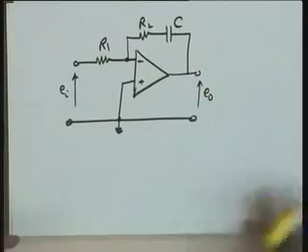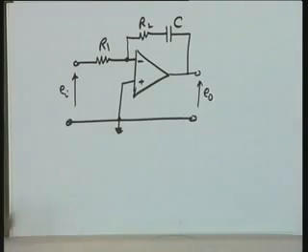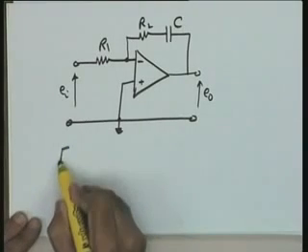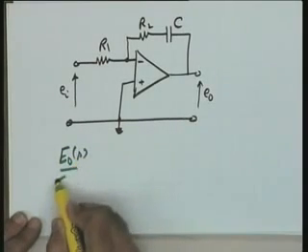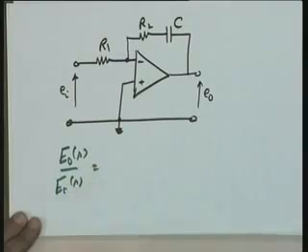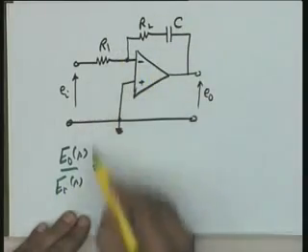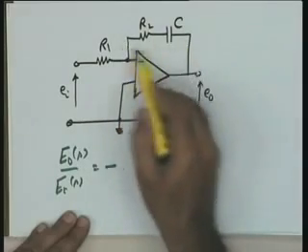Well, take up another circuit, a simple circuit again, and let us say what is the behavior of this particular circuit. I have now a resistor and capacitor in parallel, in series over here. So, let us write this model for this particular circuit, E naught S over E I S equal to this impedance divided by this impedance. What is this impedance?